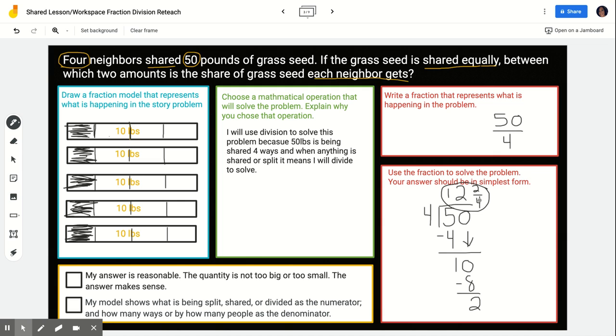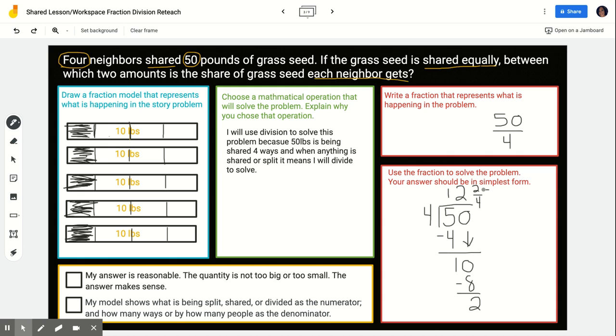Now, I shouldn't have circled that because it is not in simplest form. I know that because I asked myself, can I divide by 2, 3, 5, or 7? Now, remember, we're just dividing the numerator and the denominator. So to get it into simplest form, let me take that circle back.